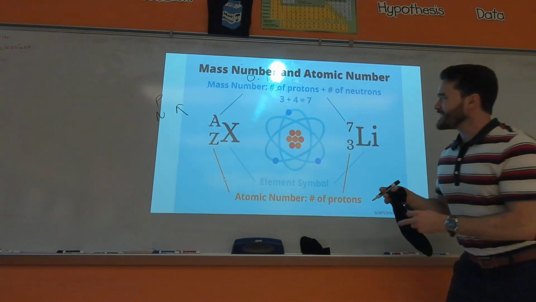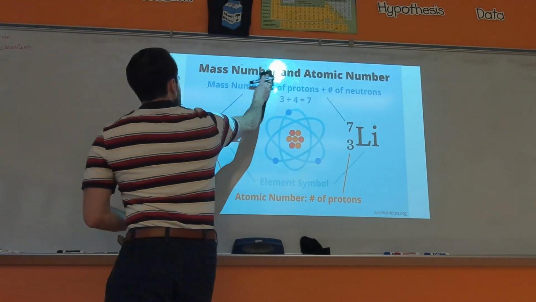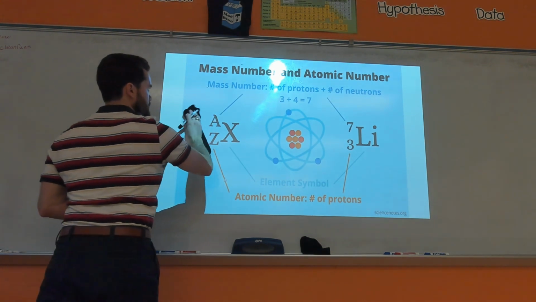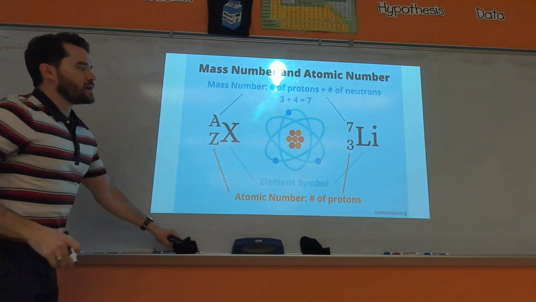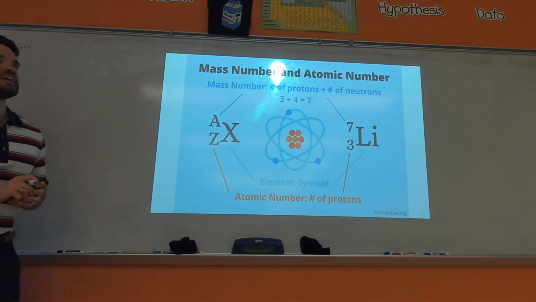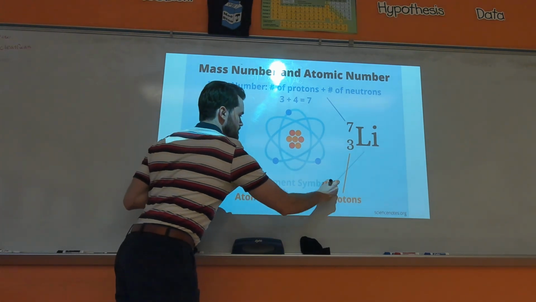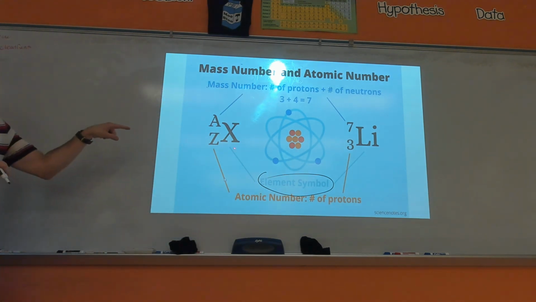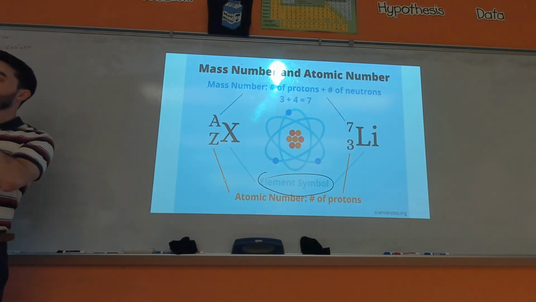But keeping it moving, we can talk about the mass number and the atomic number. Whenever you represent an element, you're going to use something called the element symbol. The element symbol tells you what element you're working with.